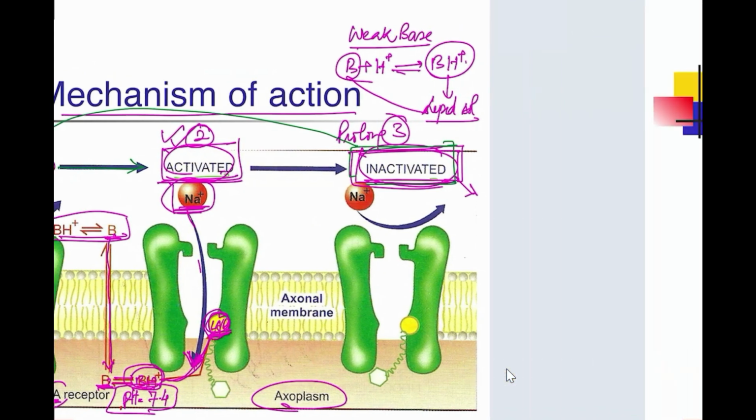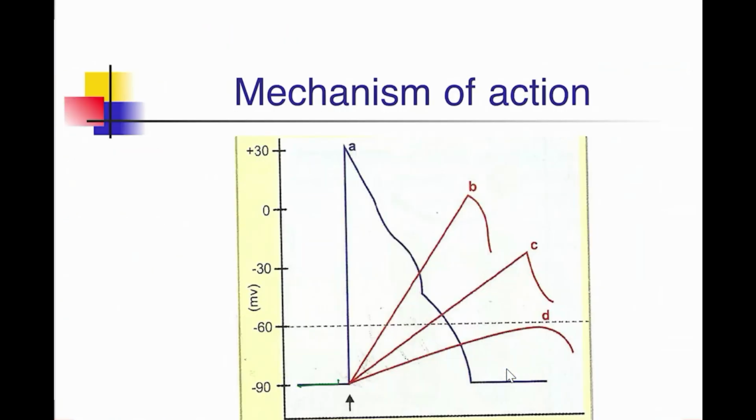You can see here this is the normal action potential. This is the depolarization, and this is the repolarization. B, C, D are different concentrations of the local anesthetic. At different local anesthetic concentrations, the depolarization is not happening.